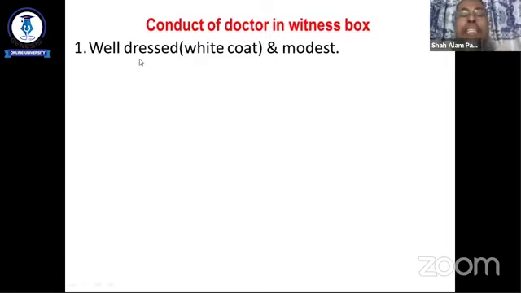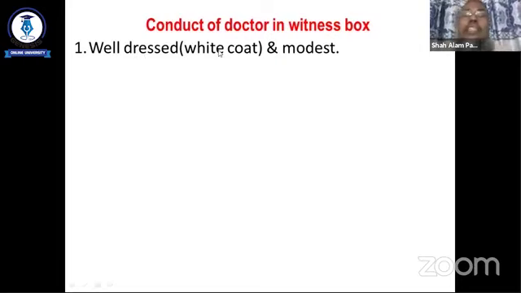First, be well dressed. That is, you should usually wear the white coat. This is the symbol of a doctor. In the movies, whenever a person wears a white coat, people identify him as a doctor.